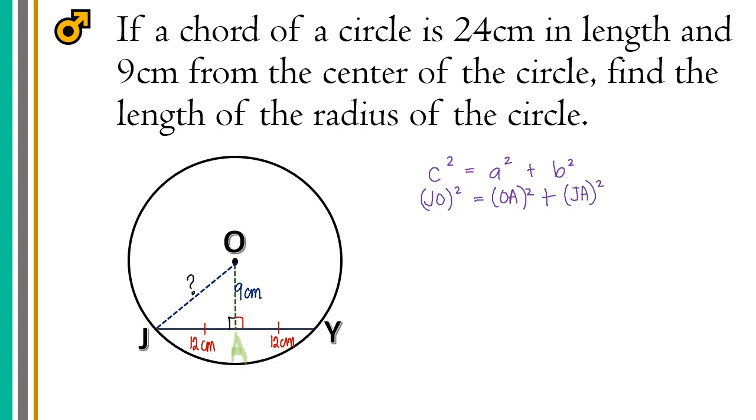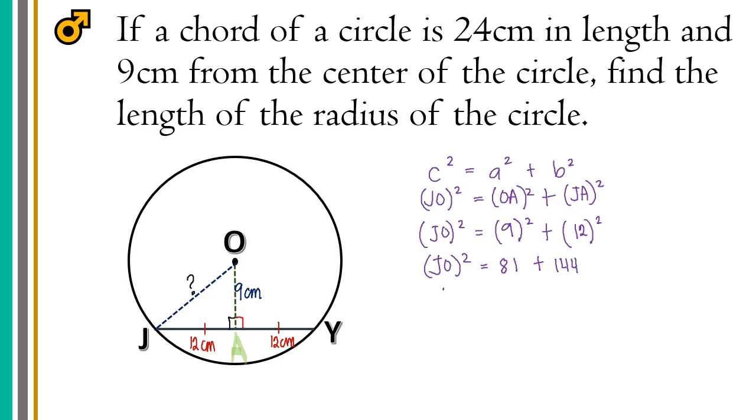Now let's substitute the given measures into this formula. JO is what we're looking for, so we don't have a detail to substitute here. But for OA, we have 9 centimeters, and for JA, we have 12, squared. Now we need to simplify this. 9 squared is 81, and 12 squared is 144.